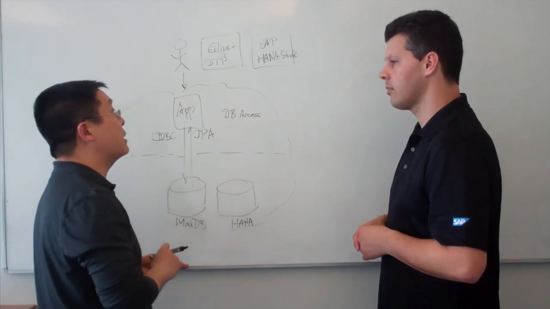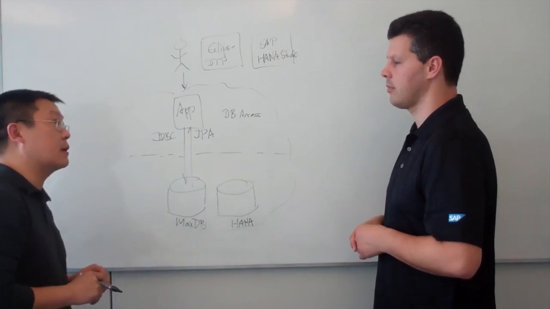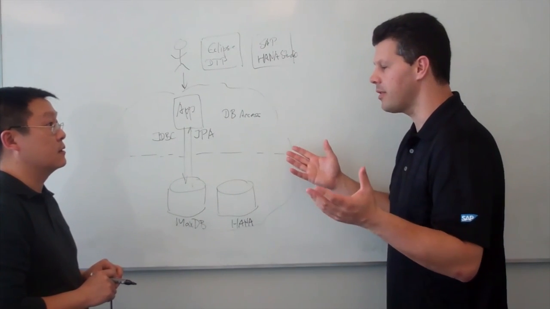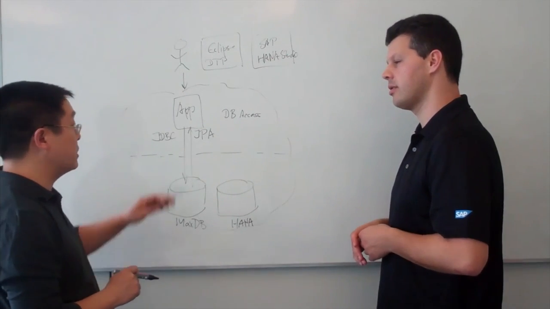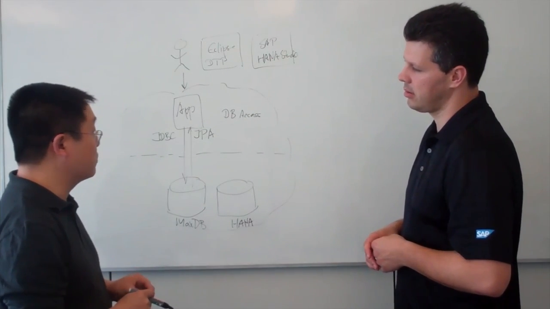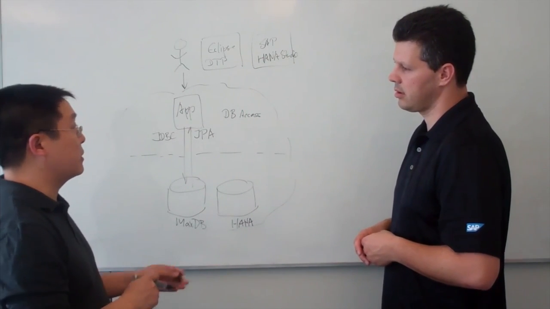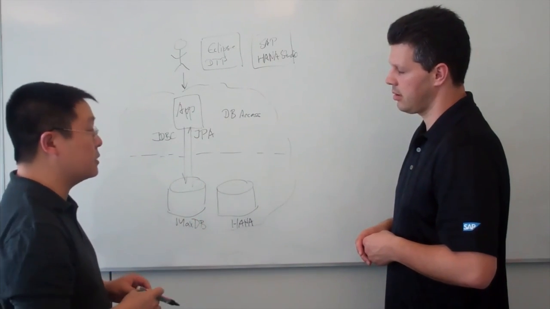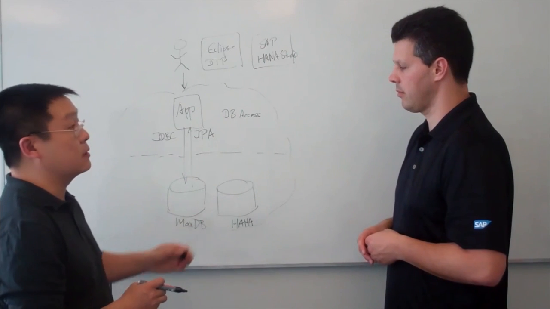With our HANA platform, it will officially be available with EclipseLink version 2.5. Oh, cool! So it will be part of the open source project. Therefore, even if you don't use SAP HANA Cloud, you can take the JPA EclipseLink implementation and program directly against HANA.